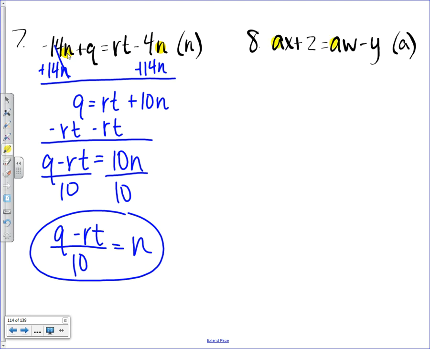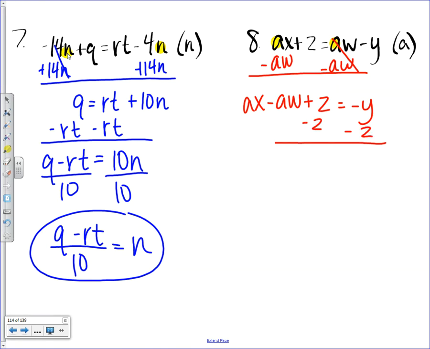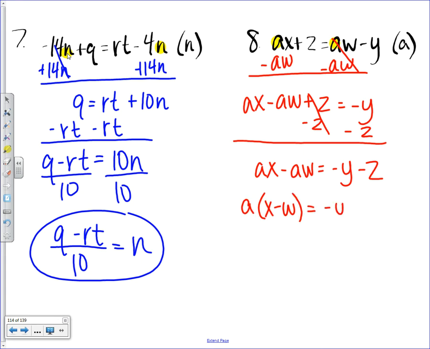This time, I'm going to solve for a. Now, you'll notice my a's will not be combining because they are not like terms. Okay. I'm going to move the z over because that does not have one of those a's in it. And then I'm going to do that distributive property backwards and take out the a.